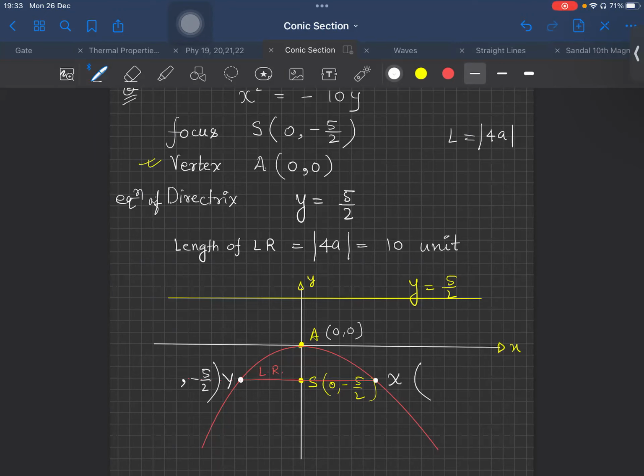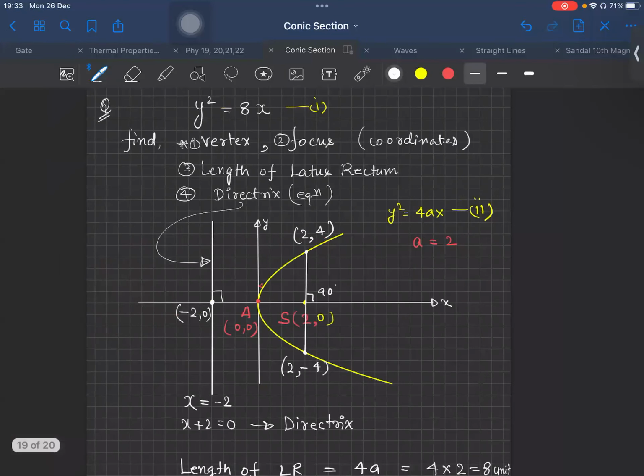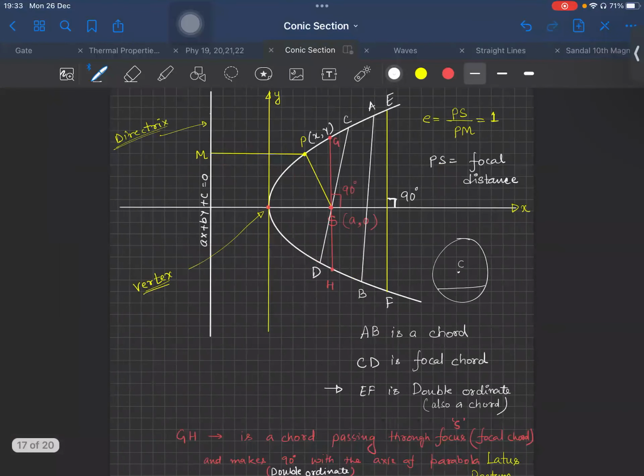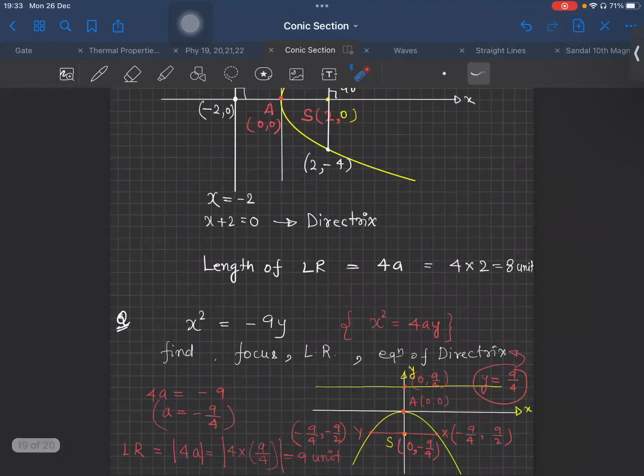Are you sure? Let's see this parabola again. If this is a comma 0, the endpoints are, one endpoint is a comma 2a and another endpoint is a comma minus 2a, right? Now see this parabola. Here we have made one mistake.